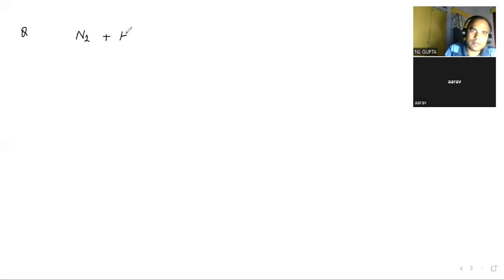See, N2 plus H2 is going to give 2NH3. So the first step is to write the balanced equation. Whatever equation is given, we need to balance it. First of all, we need to write the balanced equation.